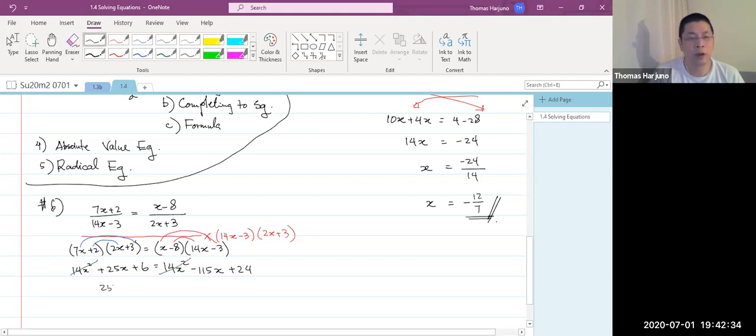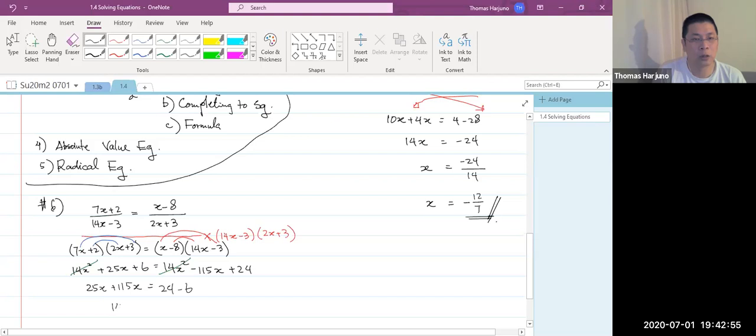So 25x plus 115x equals, oops, I go over line. Equal signs here. So 25x plus 115x equals 24 minus 6.